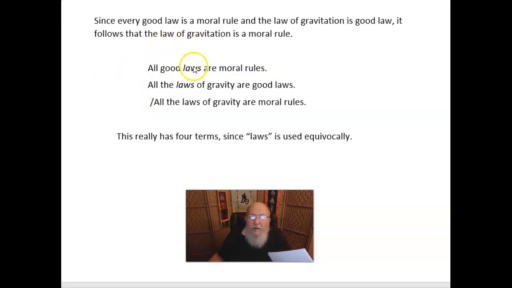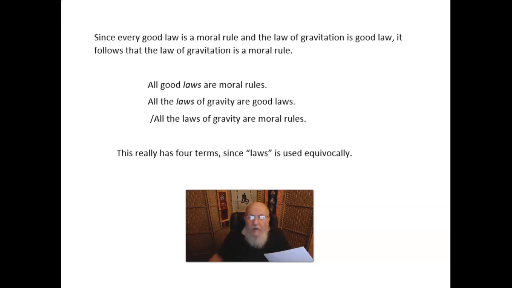But here, the term laws is being equivocated upon. So this really has 4 terms, since in the major premise, laws is being used to mean directives by human authorities. And in the second premise, laws means the observed regularities of natural phenomena, which are really 2 different things.